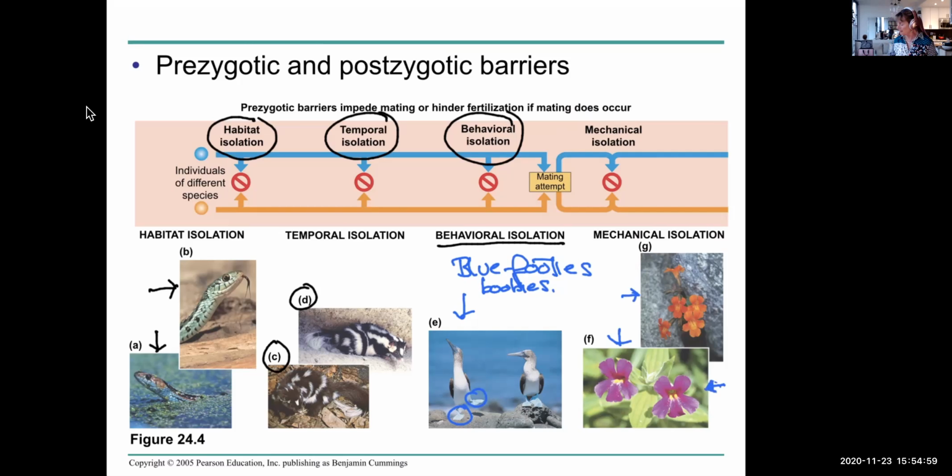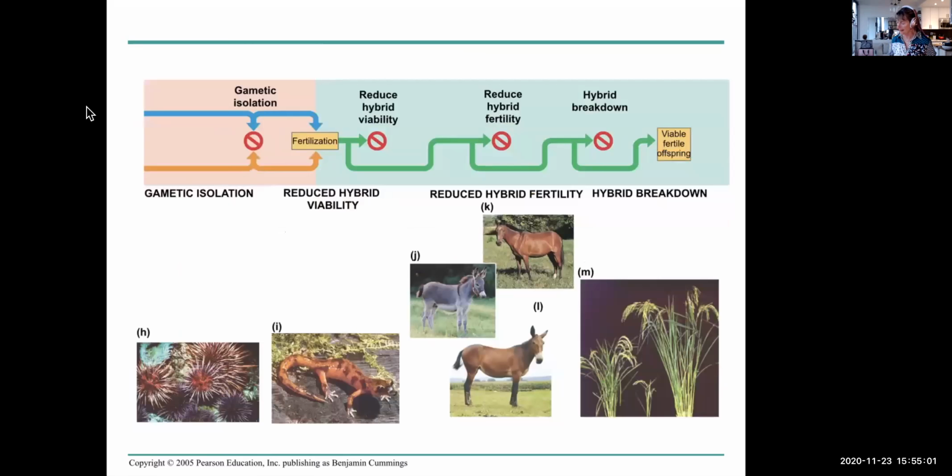So it will not bind there. Gametic isolation is such that the sperm might get to the egg, but the egg has these kinds of binding receptors, proteins, to which the sperm would bind before fusion.